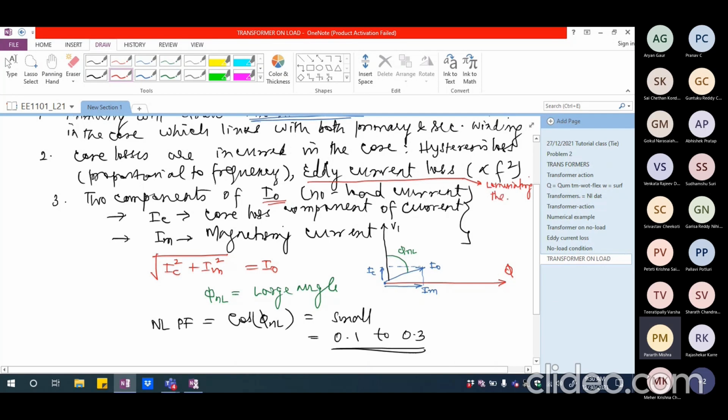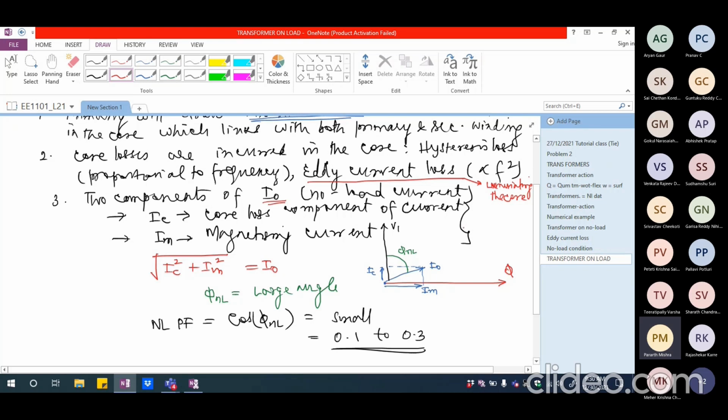Whereas hysteresis losses, of course, depend upon the original property of the material we are using for making the core. So that depends upon the BH loop that I see for the core. It is not going to be possible for us to reduce that specifically unless we play around with what kind of core material we use.